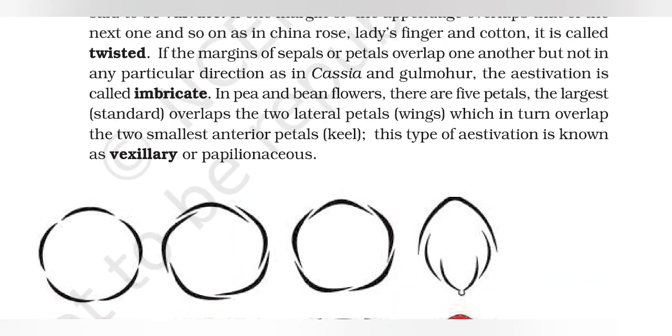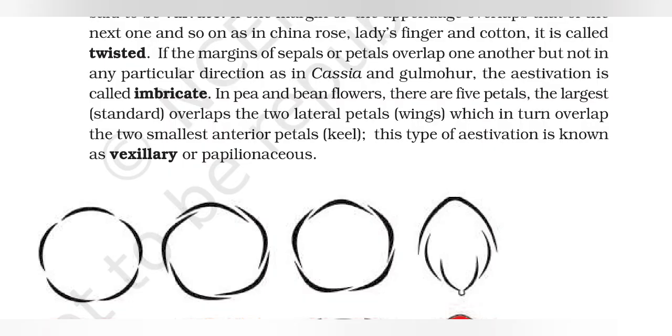If the margins of sepals or petals overlap one another but not in any particular direction, as in cassia and gulmohar, the estivation is called imbricate. In pea and bean flowers, there are 5 petals. The largest, standard, overlaps the 2 lateral petals, wings, which in turn overlap the 2 smallest anterior petals, keel.